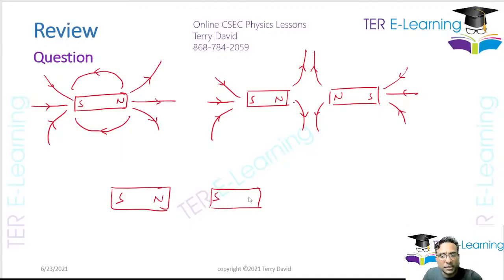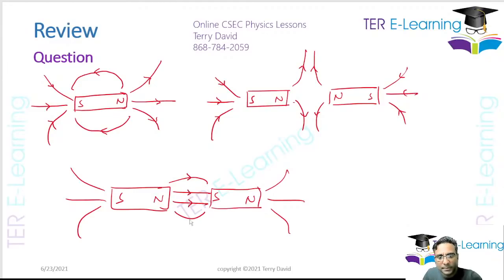So this is South, this is North. What the field line looks like here is going to be this. North to South, so it's going to do this. This is repulsion and this is towards.